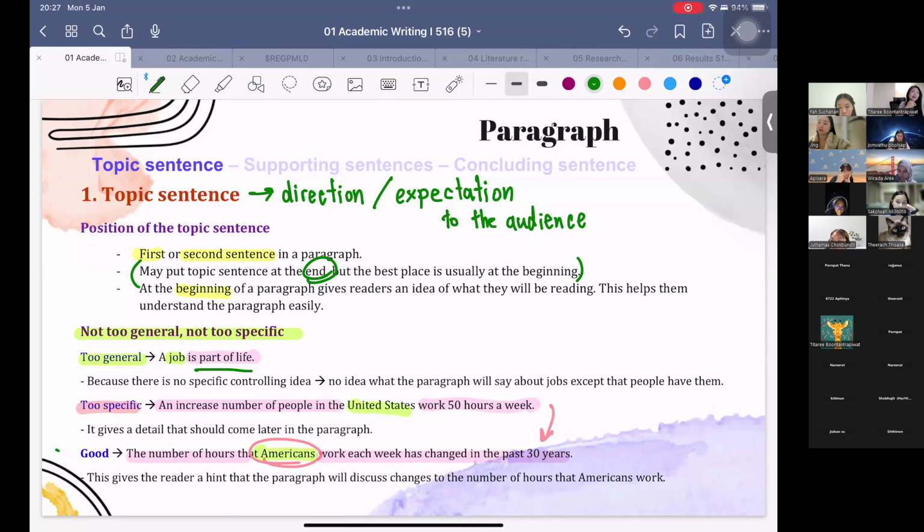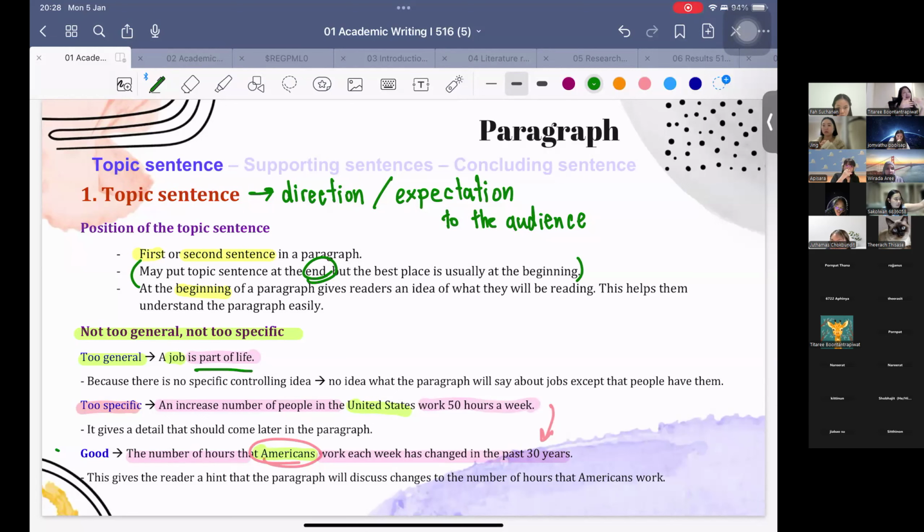And again, some people deliver a too broad topic sentence, and some people deliver a too specific topic sentence. A too specific topic sentence already provides all the details that the audience wants to know.